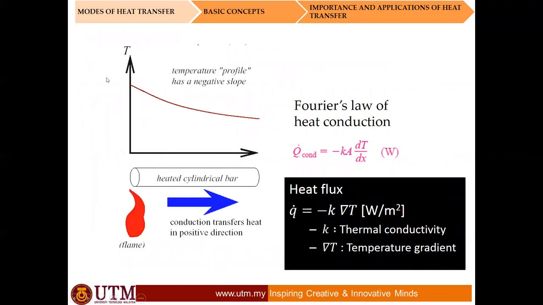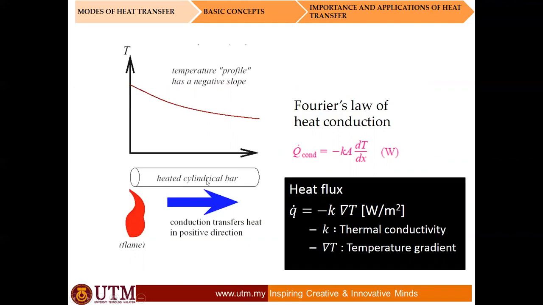So if we plot the temperature against the length of the bar, let's say we heat it on one side and we leave it at ambient on the other side, we'll have a temperature profile. In this case, we have a negative slope, depending on the datum of your x-axis. If you put this at 0, then you should be starting your T over here.